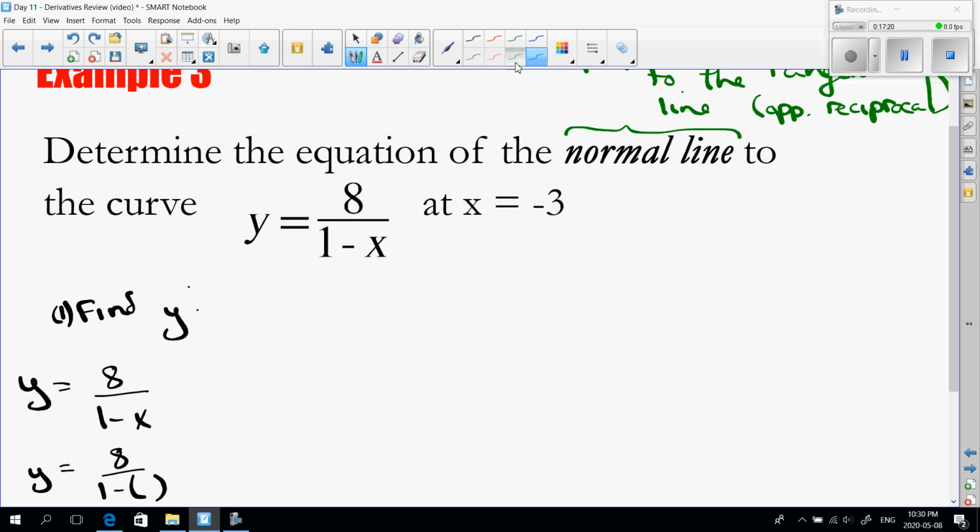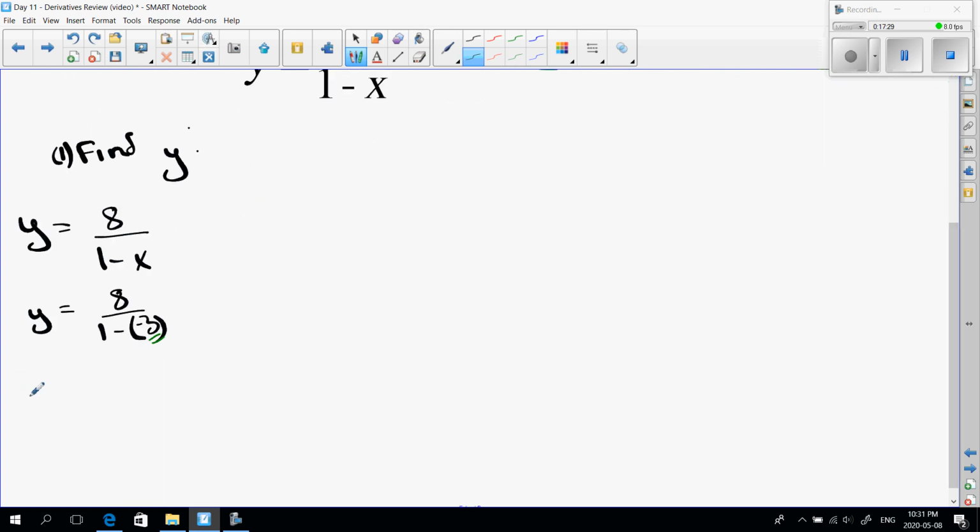I'm filling negative 3 in here. And I end up with, well, 1 minus negative 3 is like saying 1 plus 3, so it's 8 over 4. I get y equal to 2. Now, step 2 is where I would find the derivative.